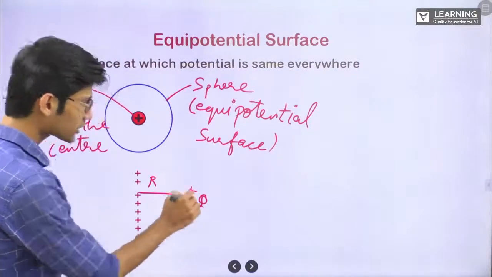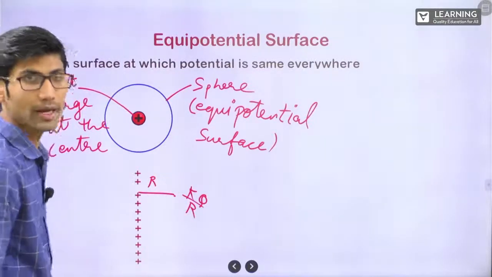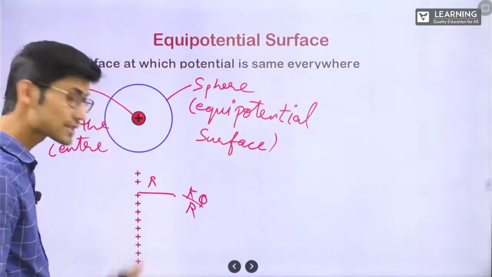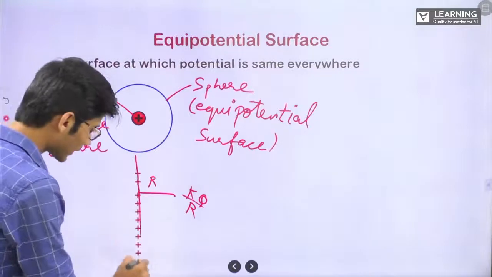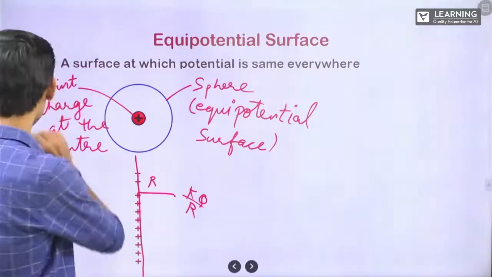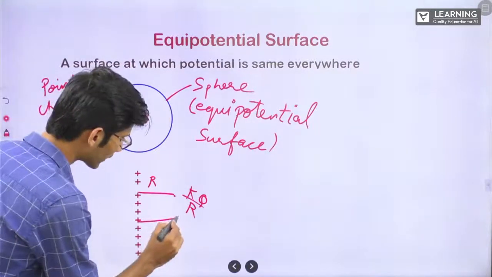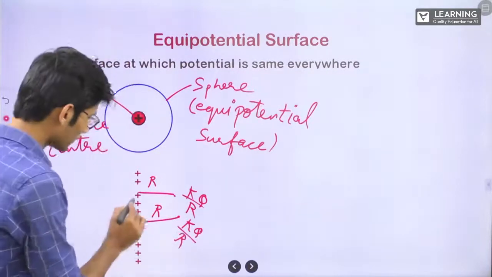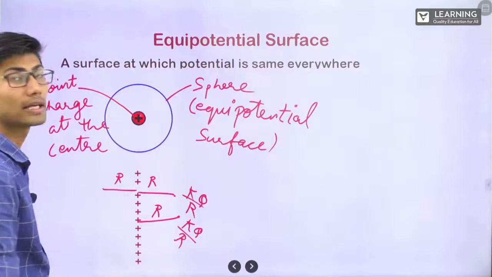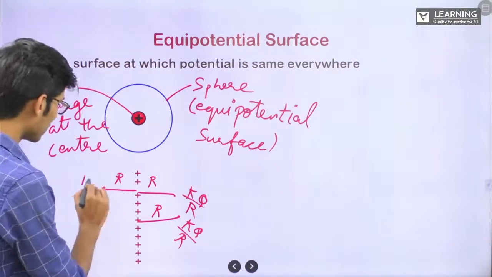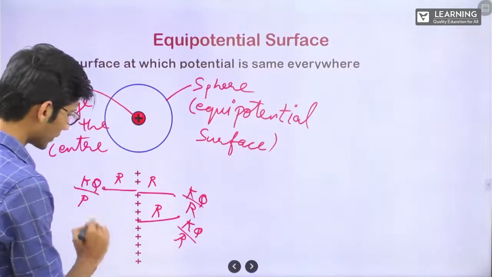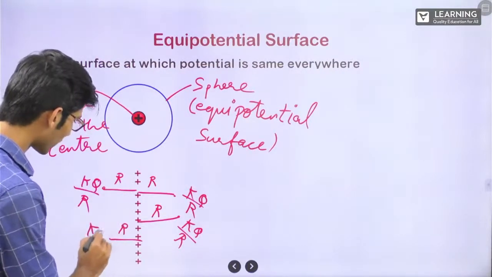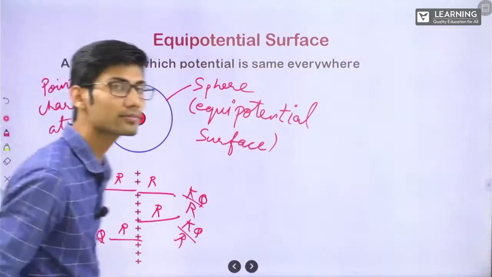Where else will the potential be kq by r, can you tell me? At any point which is at a distance of r from this line, and from the line we take the distance perpendicularly, correct? So from this line, if I take a point here which is at a distance r, the potential will be kq by r. On this side at a distance r, if I take any point, the potential will be kq by r. Anywhere here, if I take a point at a distance r, it will be kq by r. Correct?